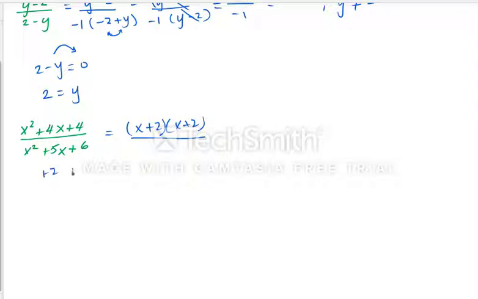So let's see, plus 2, plus 3. They would multiply to positive 6 and then add to positive 5. Let's do that. x plus 2, x plus 3. x plus 2 is a common factor, thankfully, so we can cancel something out. And we're left with x plus 2 over x plus 3.